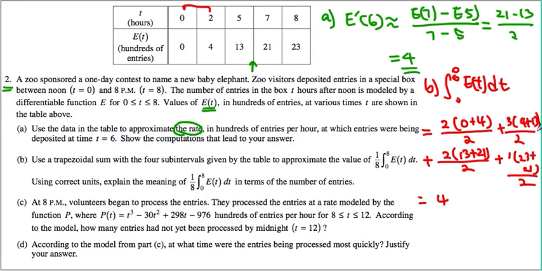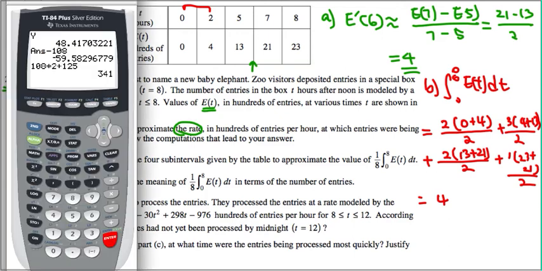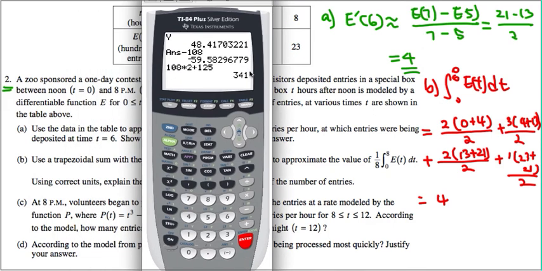For the second value, let me just put everything into the calculator. The first value we know was equal to 4.